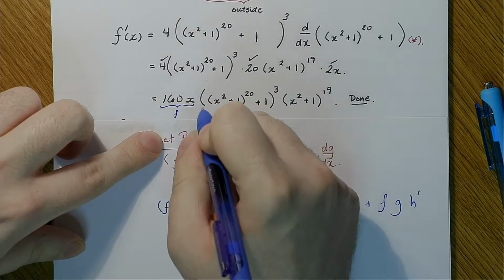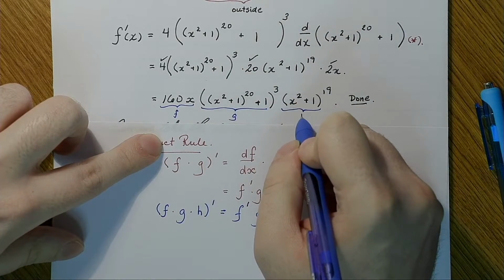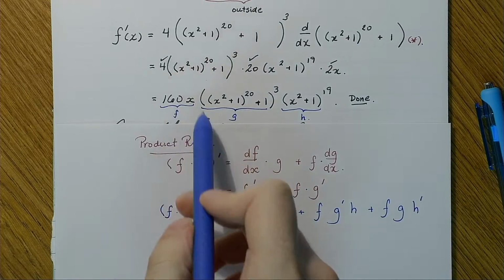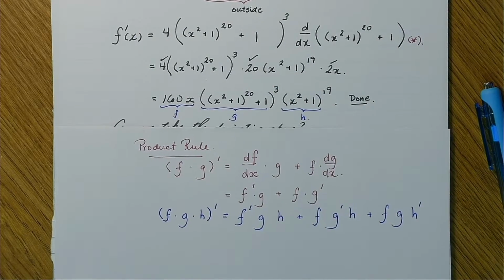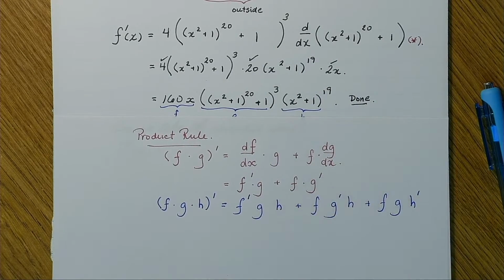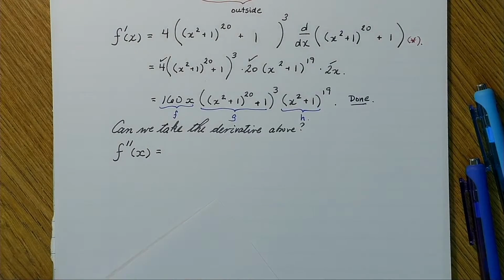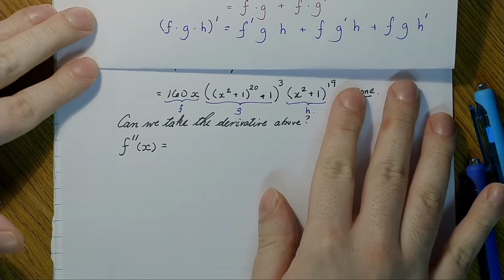I have f here, I have g here, and then I have h here as well. I should have given it a different letter because I'm using f, but that is what we're going to do. We're going to have to take the derivative like this. I have three terms.